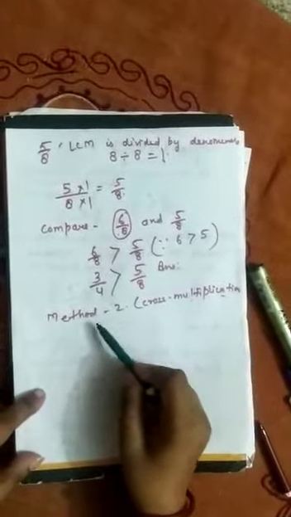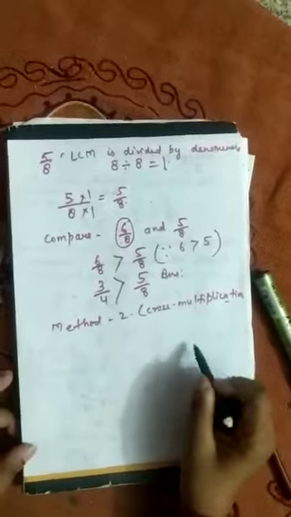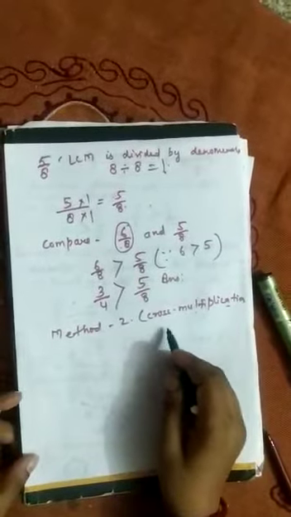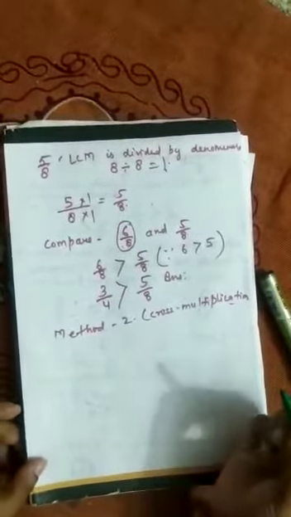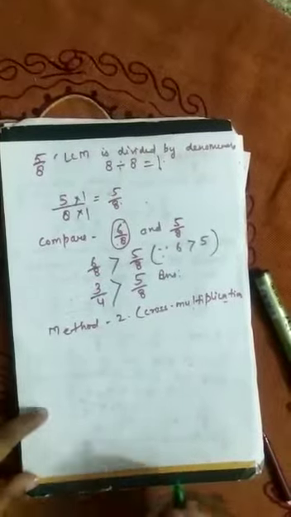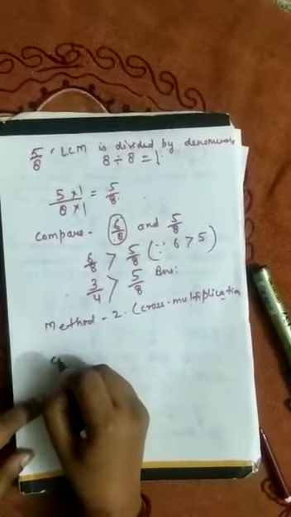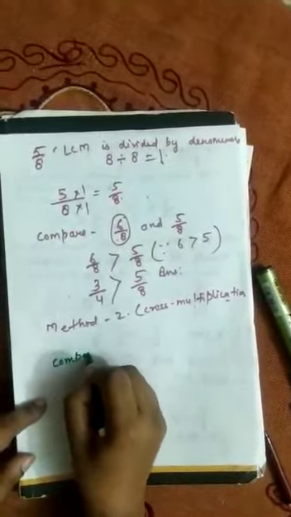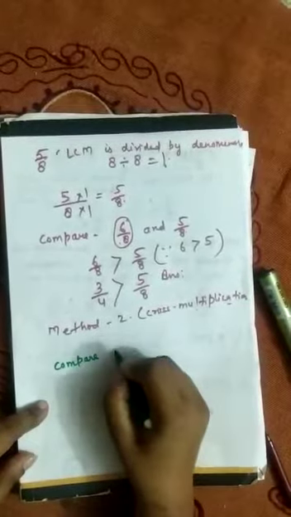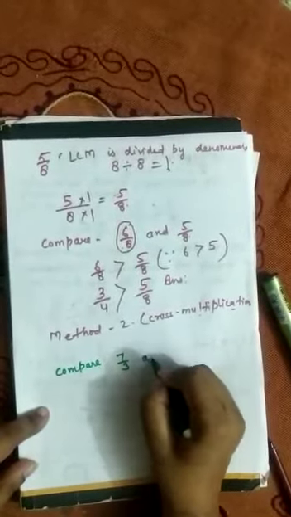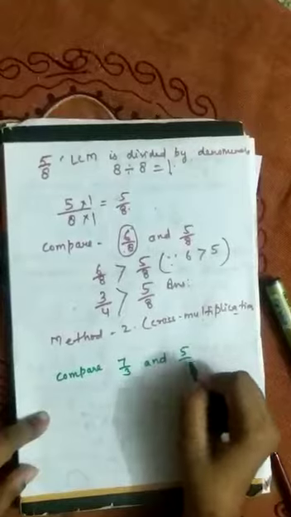Now the second method is the cross multiplication method, and it is the quick method of comparing fractions. Okay, now for example, let us compare 7 by 3 and 5 by 2.